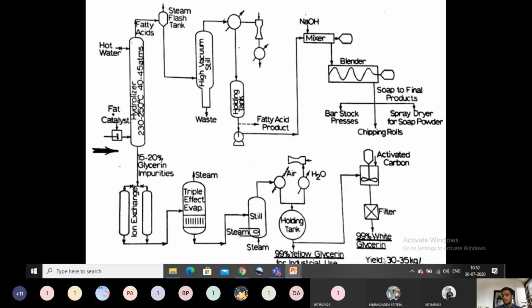The yield will be around 30 to 35 kg per ton of soap. So this is the overall soap manufacturing and glycerin purification process.